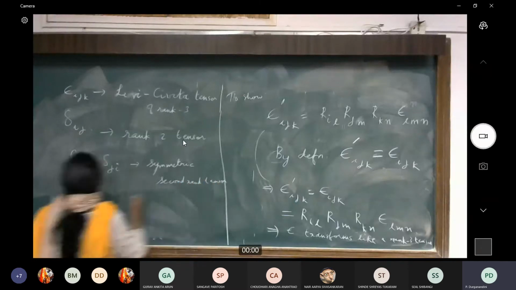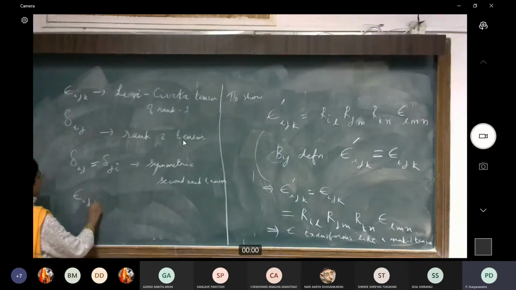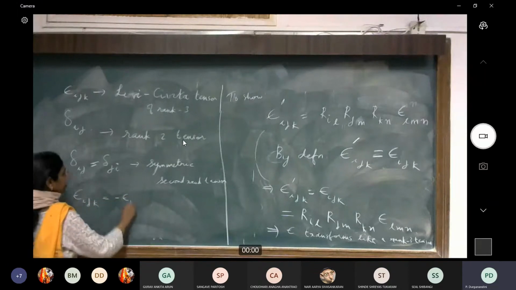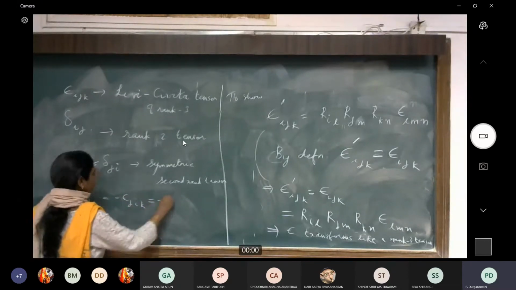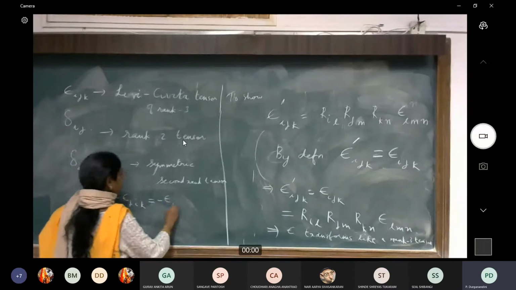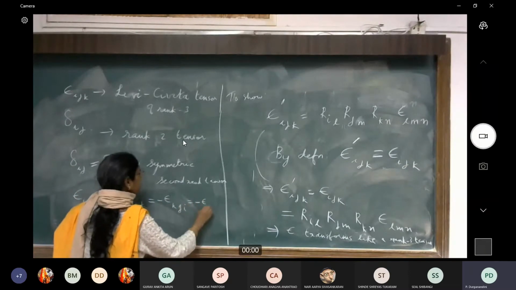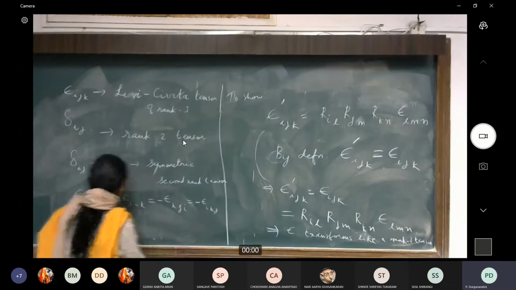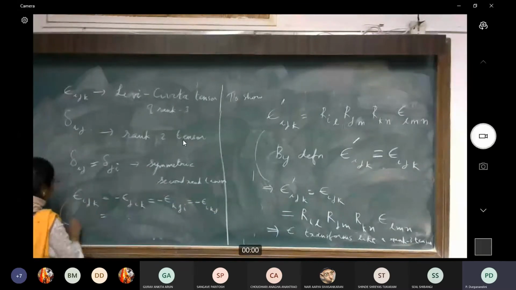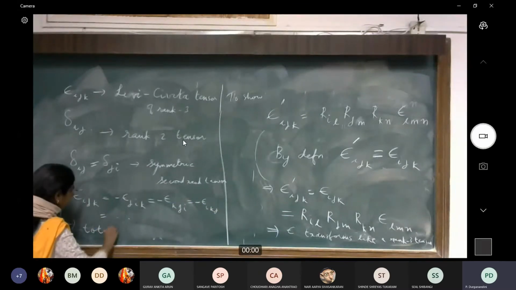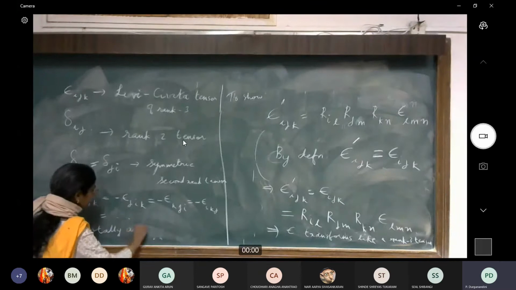On the other hand, you find that epsilon ijk equals minus epsilon jik equals minus epsilon kji, minus epsilon ikj, and so on. So it is what is known as a totally antisymmetric tensor of rank 3.